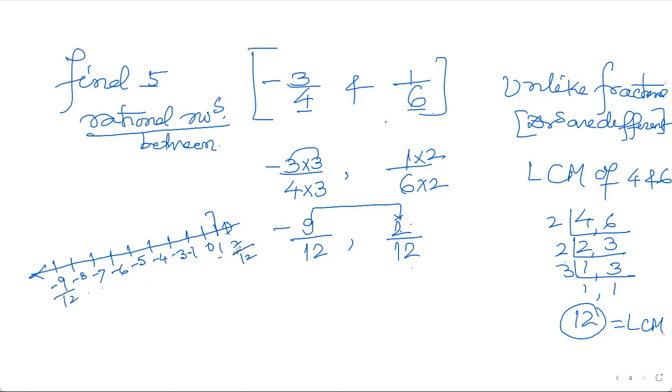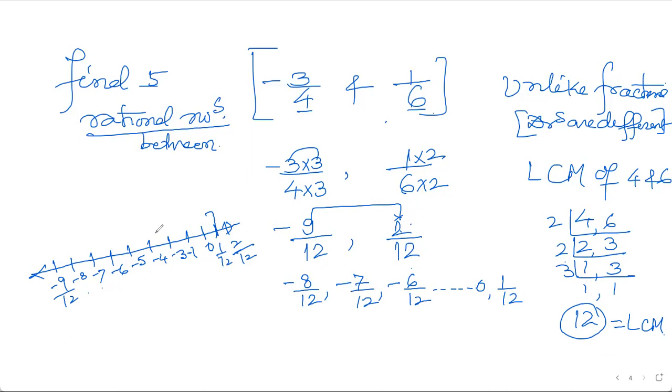all are having 12 in the denominator. So how many numbers can you write? You can start from minus 8 by 12, minus 7 by 12, minus 6 by 12, and so on, then 0 and 1 by 12, where it finishes, because you can take only up to this 1 upon 12.